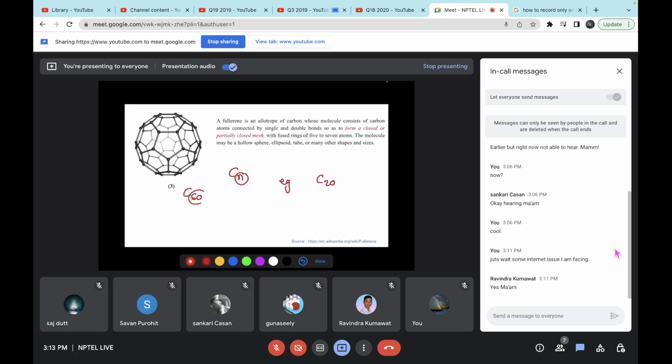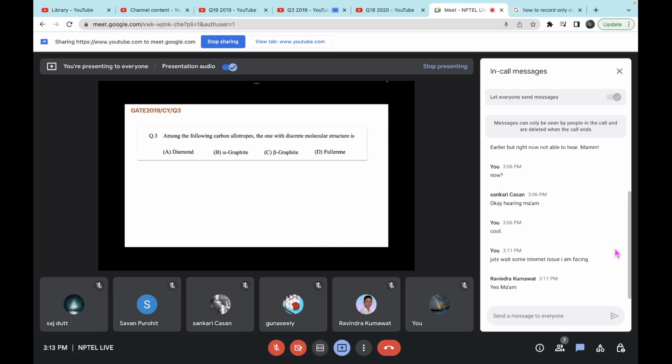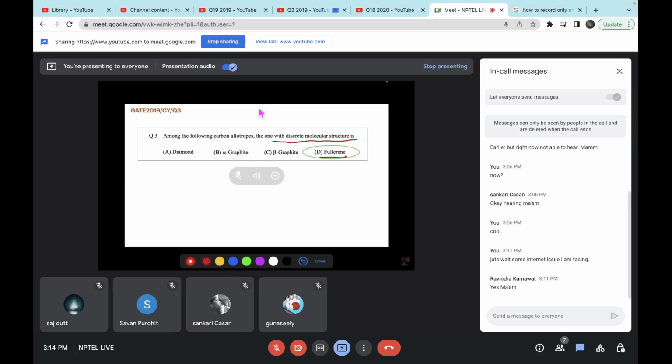This just denotes the number of carbon atoms, including the closed or partially closed mesh. Now, what will be the correct option here? The one with the discrete molecular structure is fullerene. Thank you.